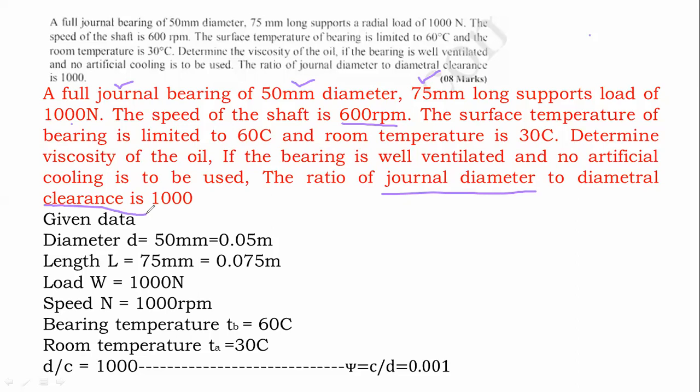I'll tell you. We need to calculate the viscosity in such a way that we are supposed to use a proper oil. Viscosity calculation is nothing but identifying the proper oil. How are you going to do it?